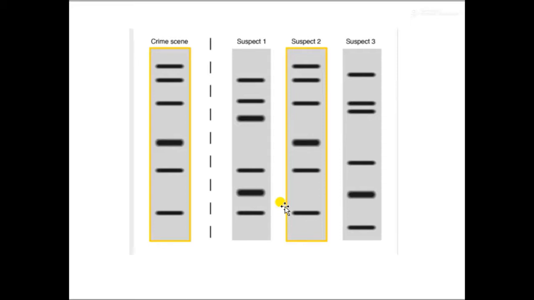You are cutting the DNA and running a gel. Of course, that is there, but some more steps are also present, and these steps enable you to identify one person from another.